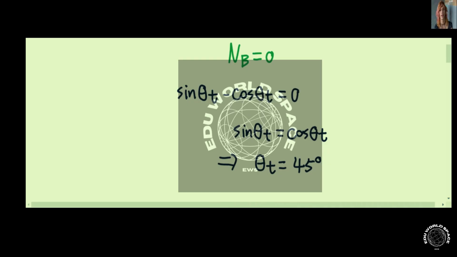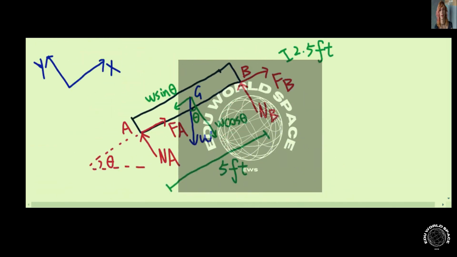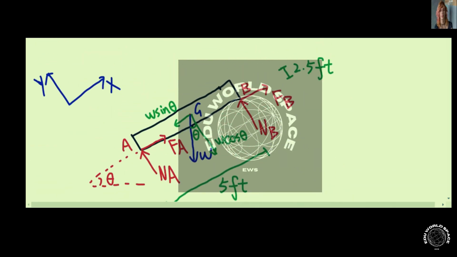So now let's apply the force equilibrium to this question. We consider the x direction pointing along the inclined surface, and the y direction perpendicular to the surface.